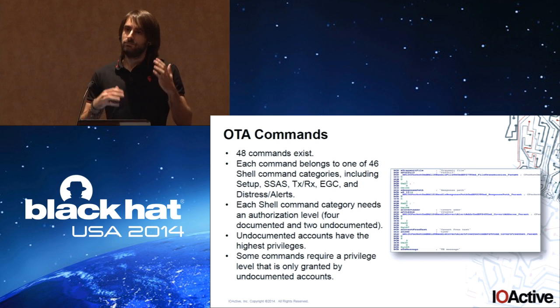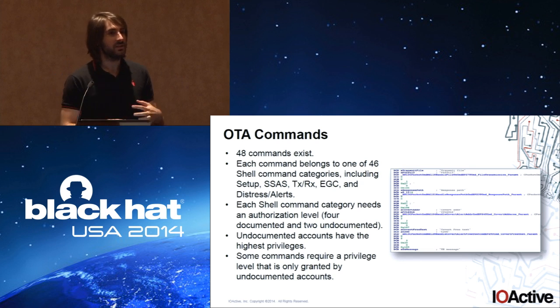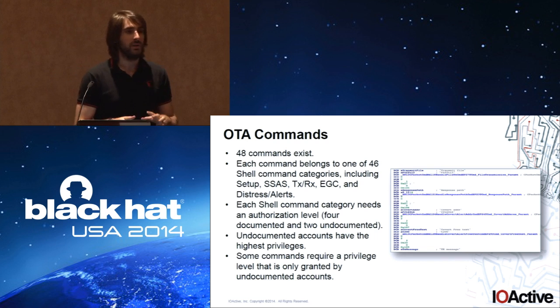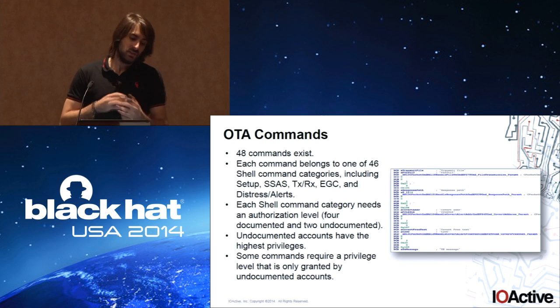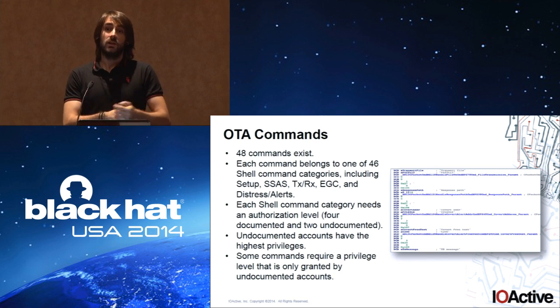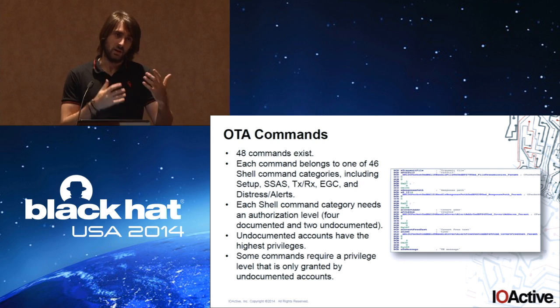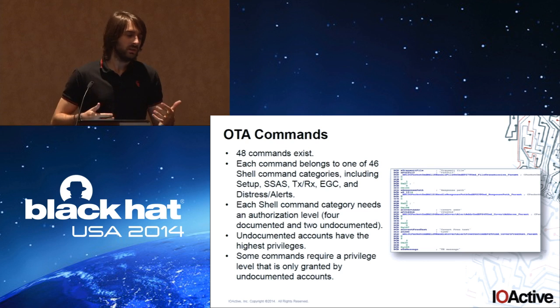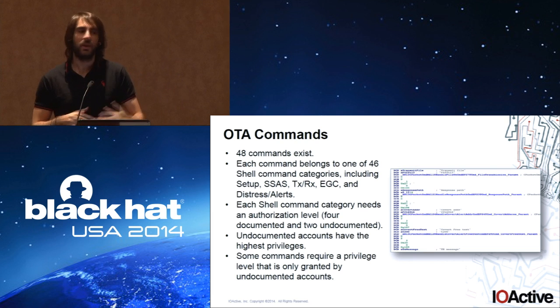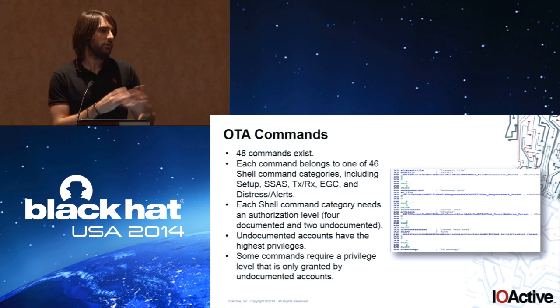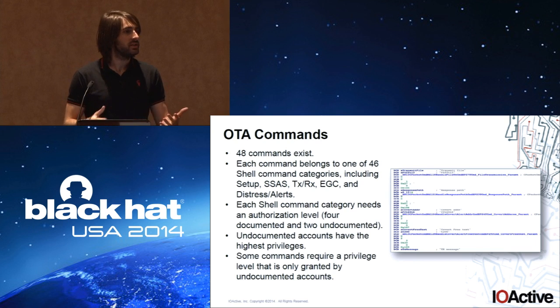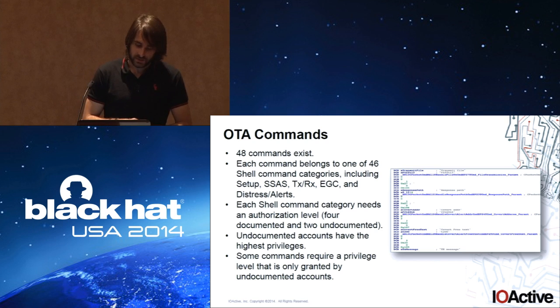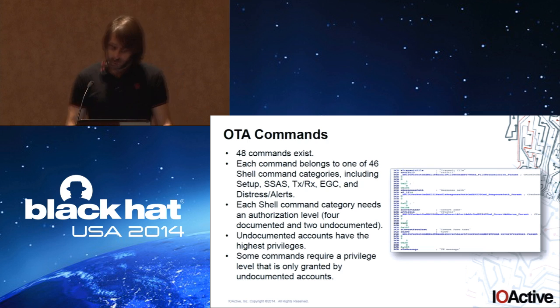We can actually modify some settings for the SSAS system, which stands for SIP Security and Alert System, which is a series of procedures, a mechanism implemented or intended to provide the crew with a mechanism to trigger an alarm when they are facing a terrorist attack or an act of piracy. So we can modify where that alert is sent, which is not a good idea.